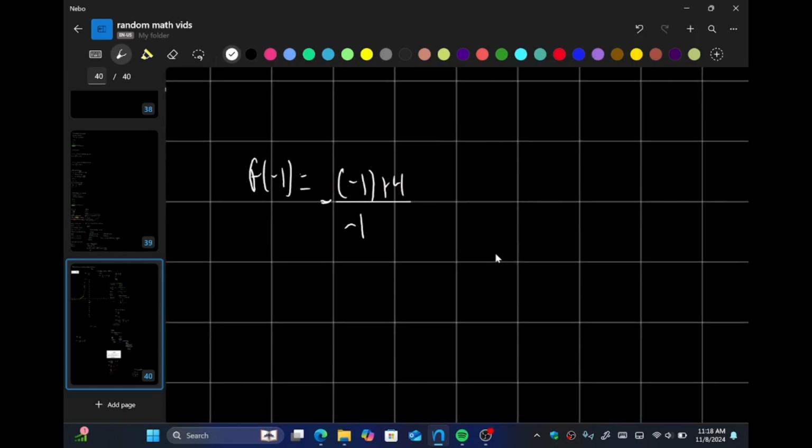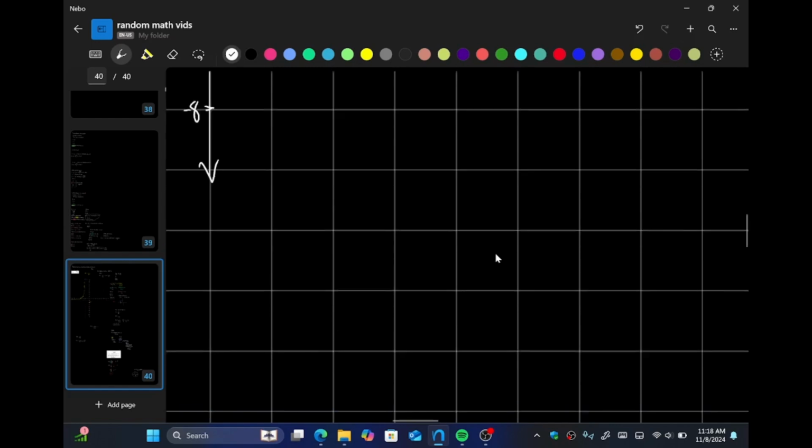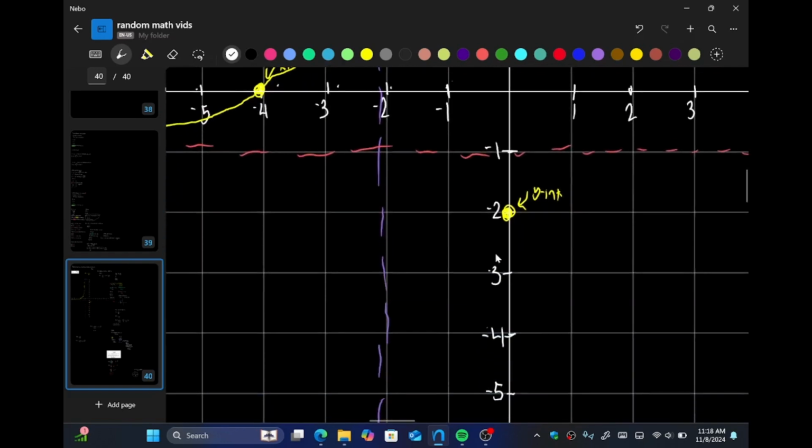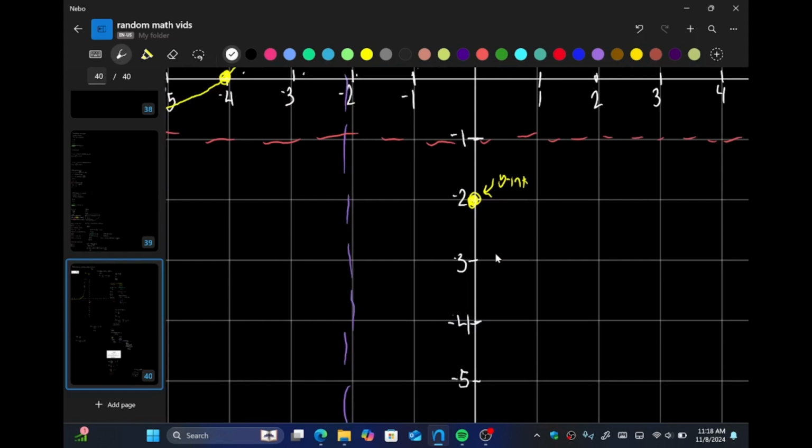Okay, so then it's going to be negative of 3 over -1 plus 2, which is 3 over 1, which is -3. So we know we have the point -1, -3. Okay, guys. So it's going to be about right over here.